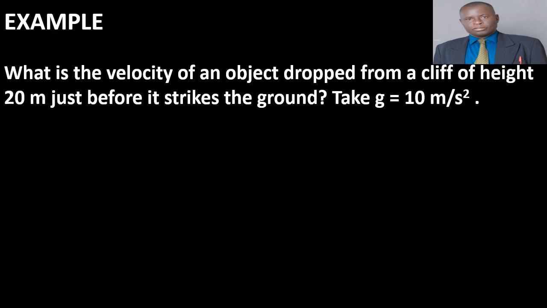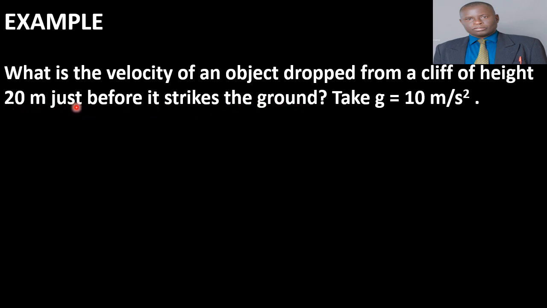Let us look at an example involving energy changes, or the law of energy conservation. This question is asking us, what is the velocity of an object dropped from a cliff of height 20 meters just before it strikes the ground?